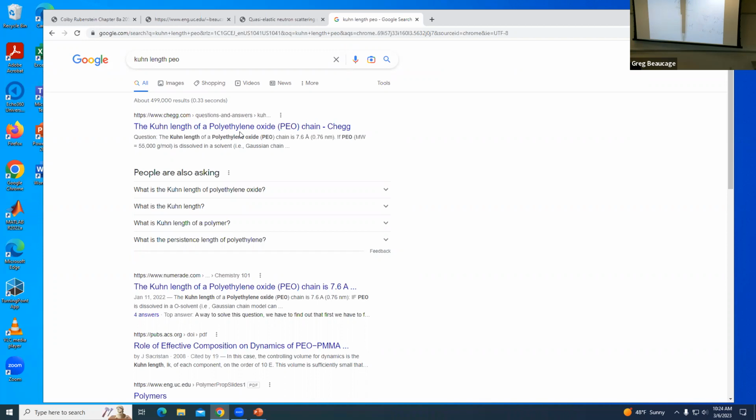It's 26 times 7.6. So it's about 200 angstroms. And then that cubed is 8 times 10 to the 6 cubic angstroms.